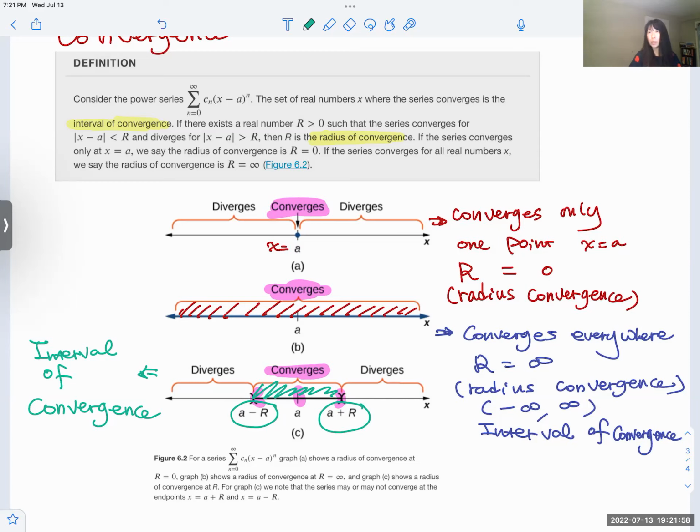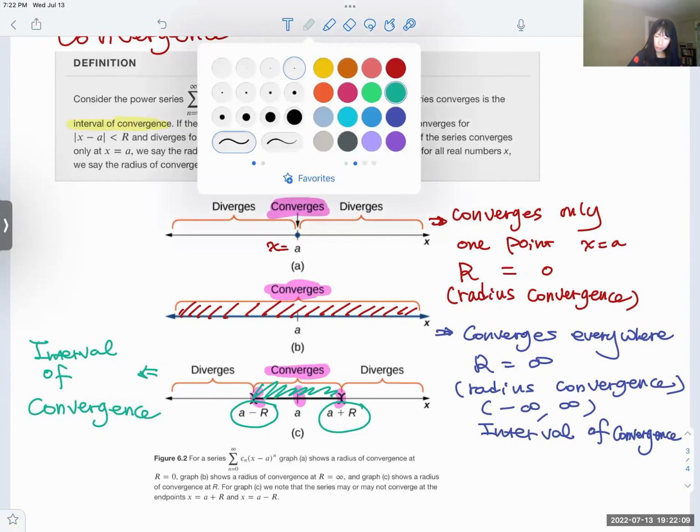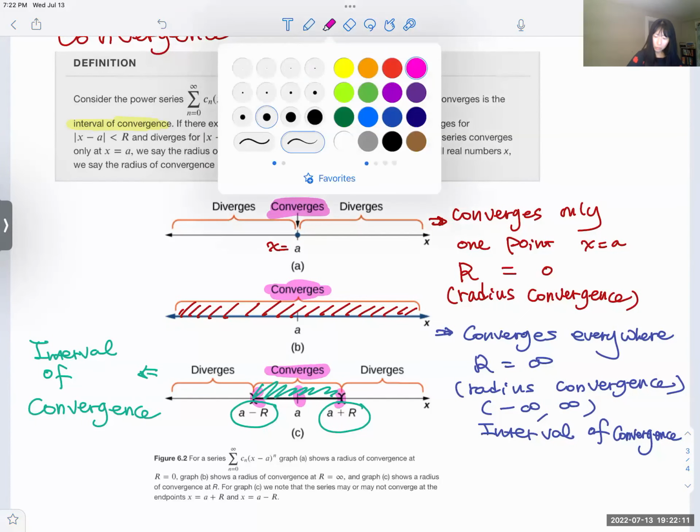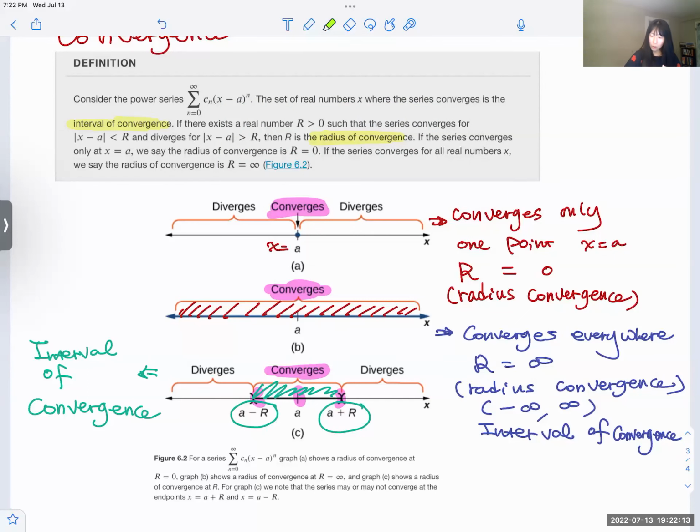So let us do examples so we understand everything. Once again, if it converges at only one point, then the radius of convergence is R equal to 0.